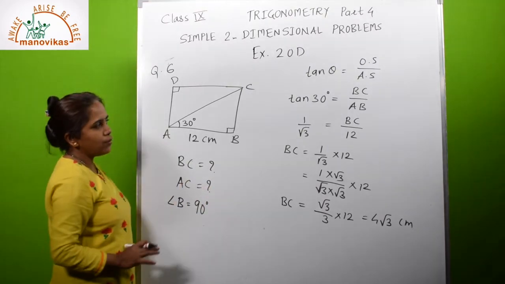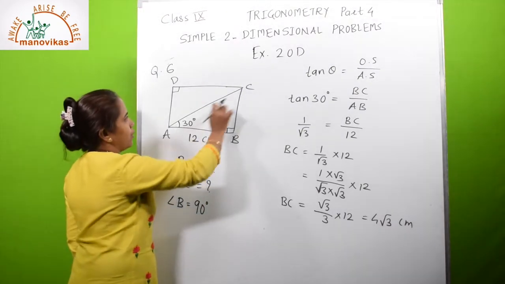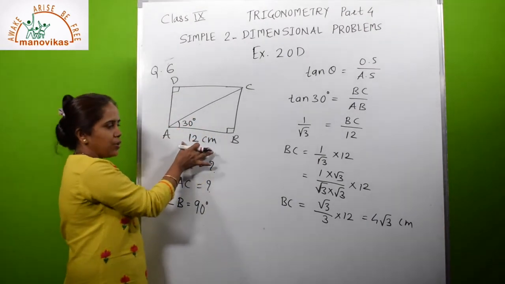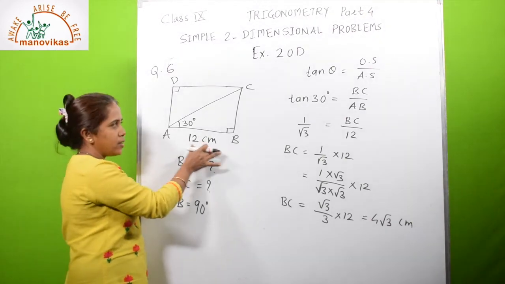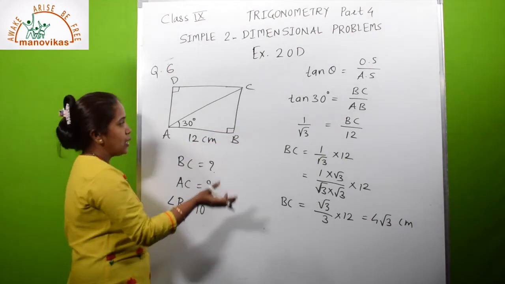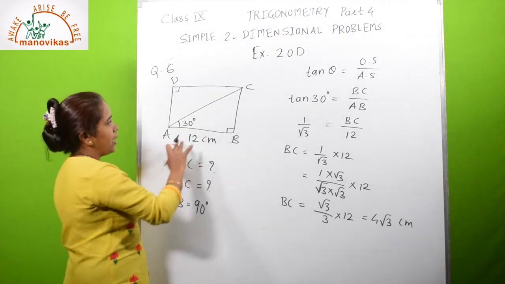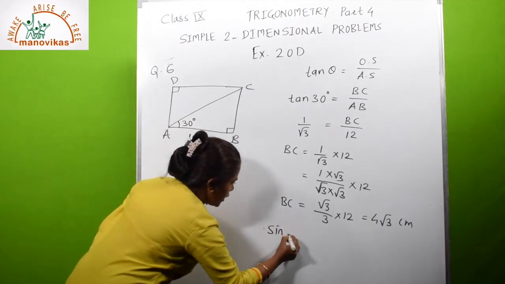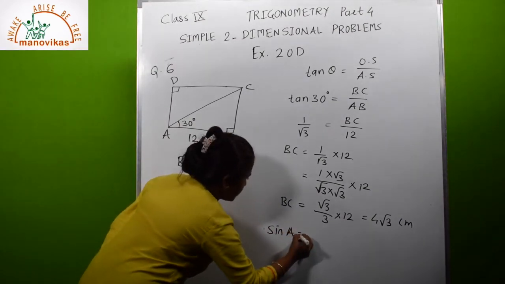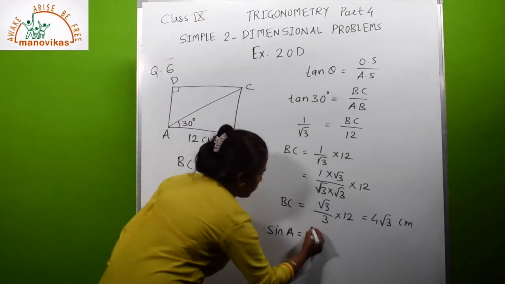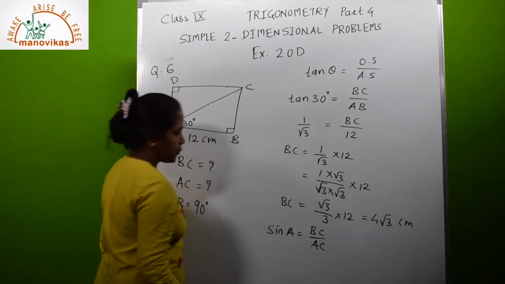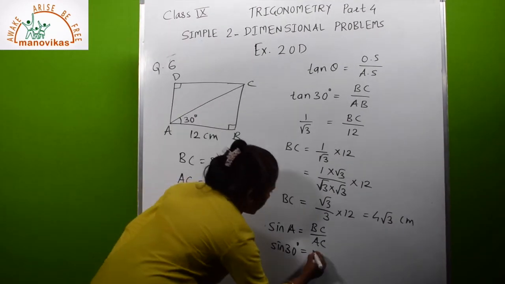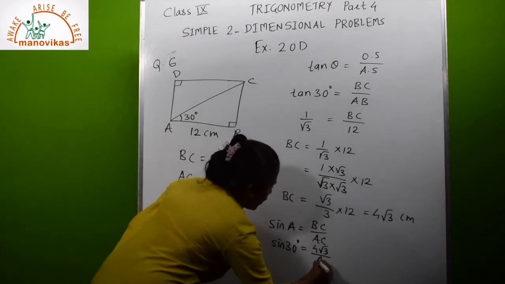Okay, this is the first part. Now we have to find the diagonal AC. Now AC is the hypotenuse, and we have the adjacent side as well as the opposite side. So any one ratio you can use, either sin theta or cos theta. If you use sin theta, sin A will be BC upon AC, that is sin 30 degree is equal to BC, that is 4 root 3, upon AC.